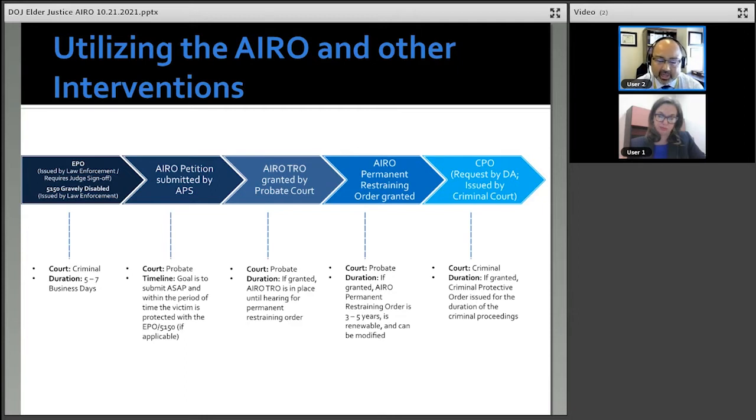And then you have the hearing up to 21 days. And then if the AIRO is granted, you have from 3 to 5 years. So if the AIRO is granted, there's plenty of time for the DA to complete their investigation and to charge, and that AIRO will be in place by the time that happens.